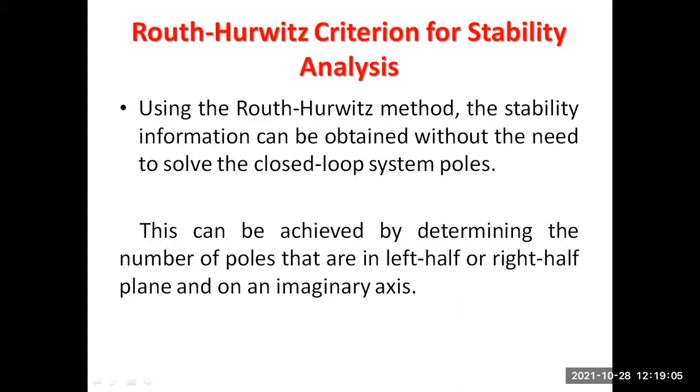Normally we have a closed loop transfer function, and from that we can calculate poles and zeros and plot them in the s-plane. Before this criterion was developed, people used to plot it in the s-plane and then infer whether the system was stable or unstable.